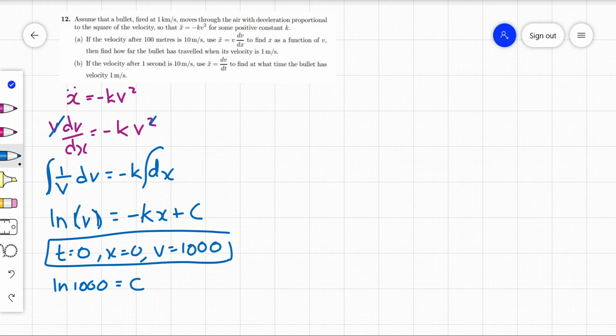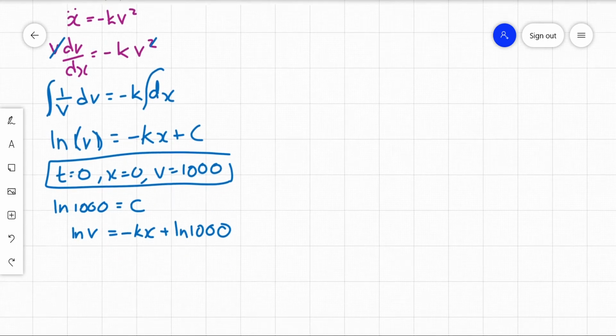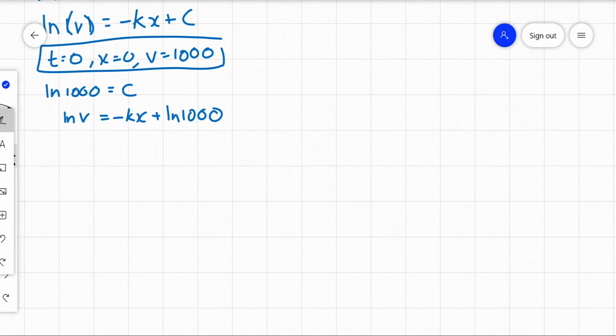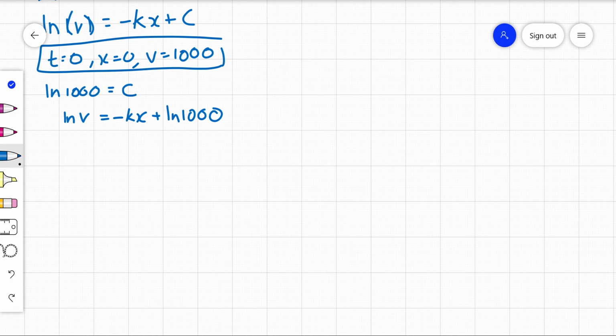So if I just put that back in, I've got log v is equal to minus kx plus log 1,000. Now if I make x the subject there, I'm going to have x equals log of 1,000 minus log v, and I'm going to divide by k.